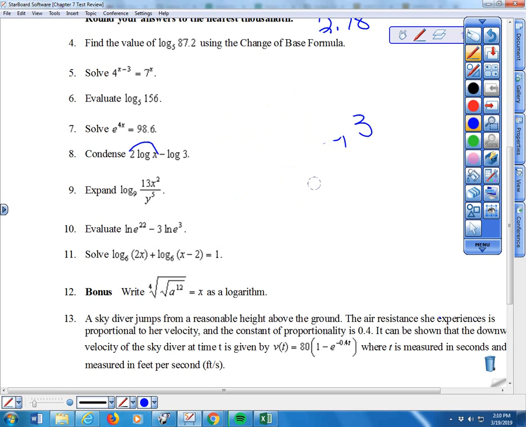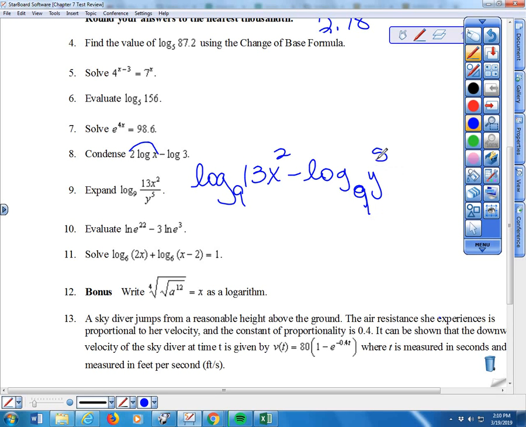To expand, I'll have log base 9 of 13x squared minus log base 9 of y to the 5th. This can be broken up into 13 times x squared.